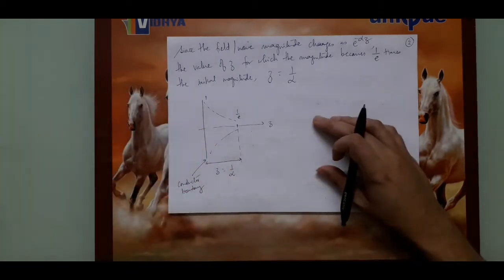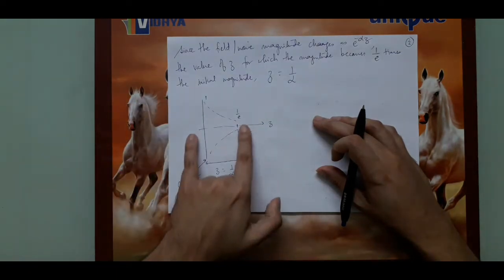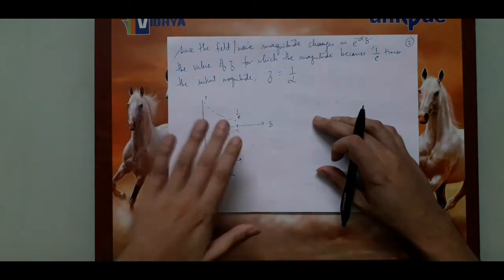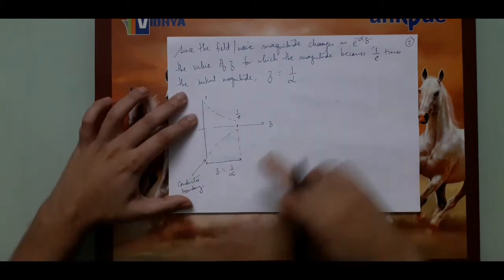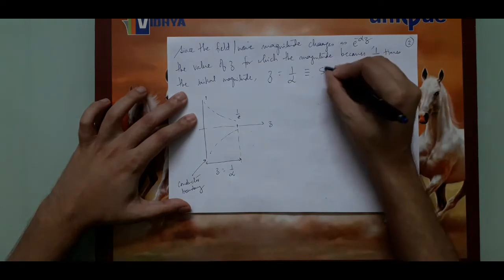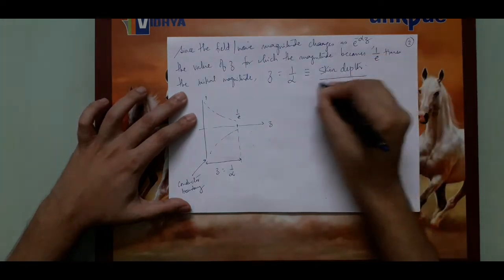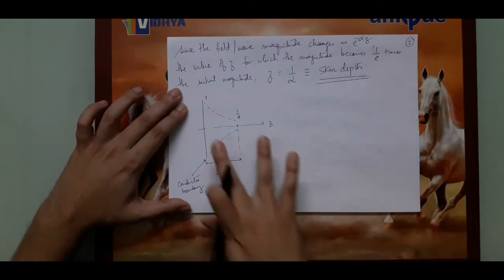So if a wave is vertically traveling into the medium, the depth to which it is able to penetrate is given by this quantity 1 by alpha. This quantity is called the skin depth. Why skin?